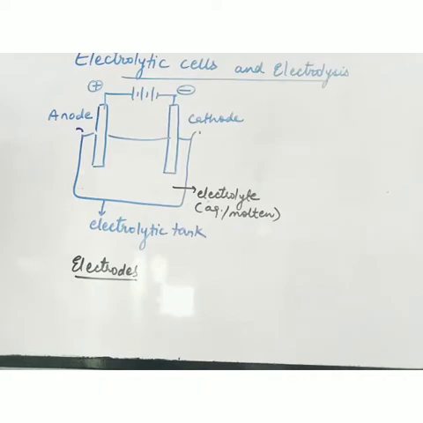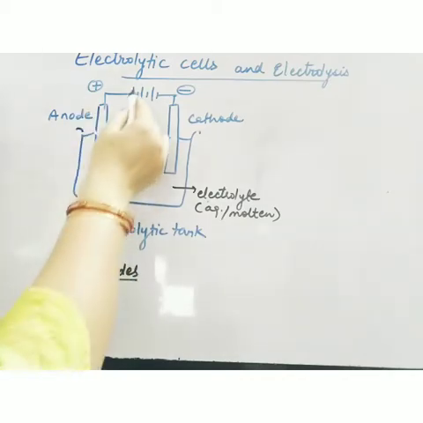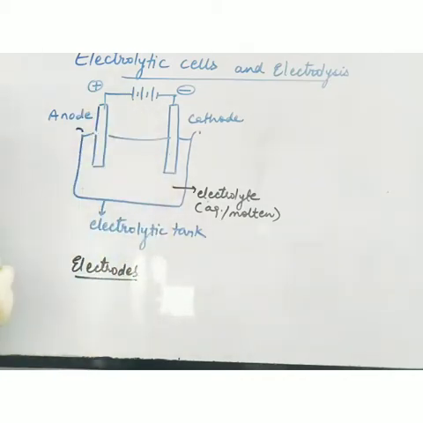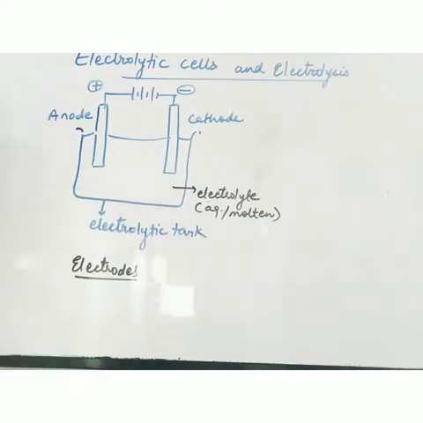So what will happen? Current is passed from the battery. The current will pass through the anode and cathode, and ultimately go into the solution, and the electrolytic solution is dissociated into ions, and the movement of ions will conduct electricity.